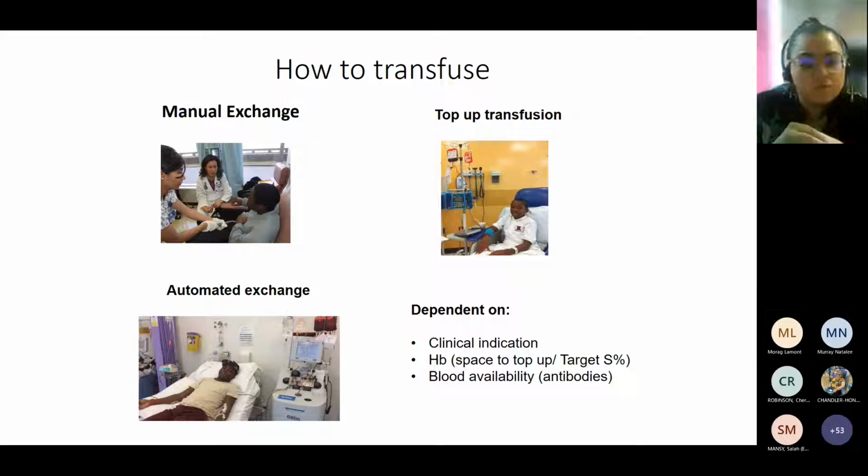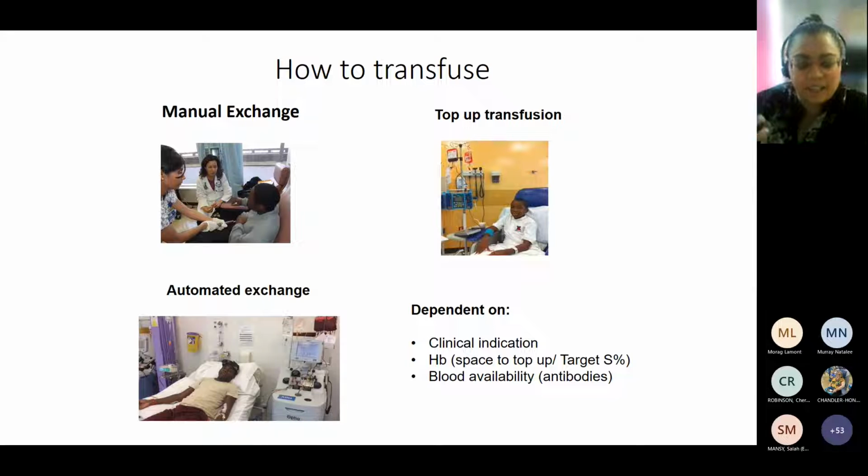And another depending factor is having blood availability. If you can imagine, through childhood you're being exposed to blood transfusions and exchanges, and these units of blood are coming your way, the more blood you receive, the higher the risk you have of developing antibodies, which I touch on a little bit later.